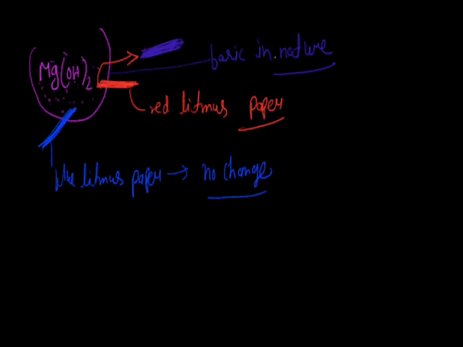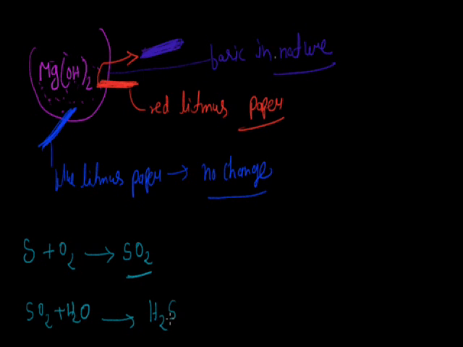Now next we take sulfur powder. When this sulfur powder burns, it gives sulfur dioxide. Now this sulfur dioxide reacts with water and gives sulfurous acid, that is H2SO3. Now when we use litmus paper in this sulfurous acid solution, what happens?